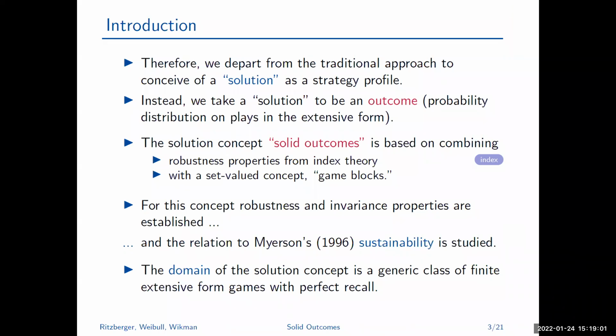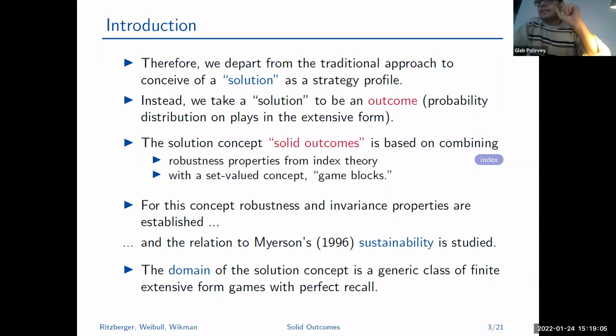Yes, I've got a question. Yes, go ahead. So you say that basically instead of looking at strategy profiles, you consider the outcomes. Yes. But can't you reverse engineer, given that you define a solid outcome, the strategy profiles?